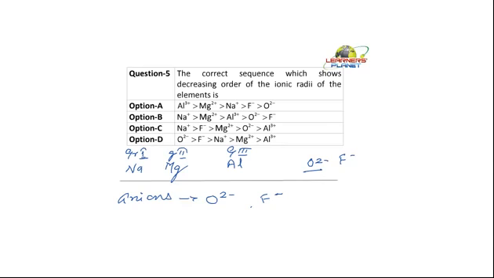So in here I am moving from left to right in the period, so the radii decrease. So here O2 minus has a larger radius than F minus.